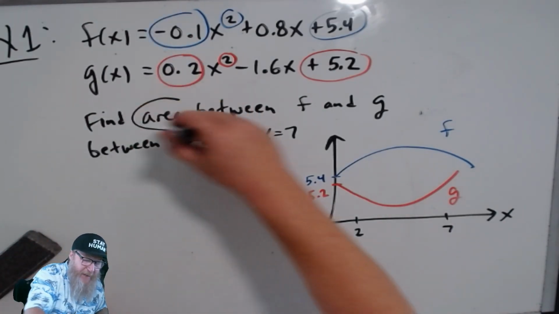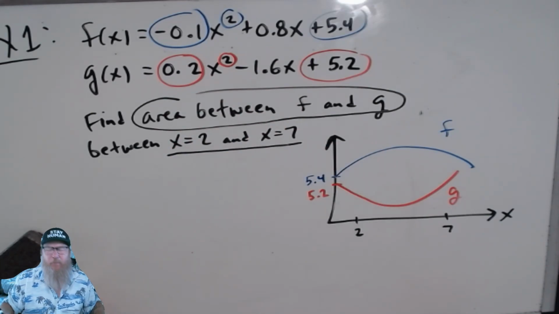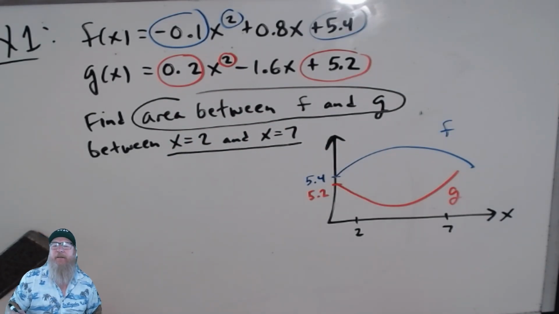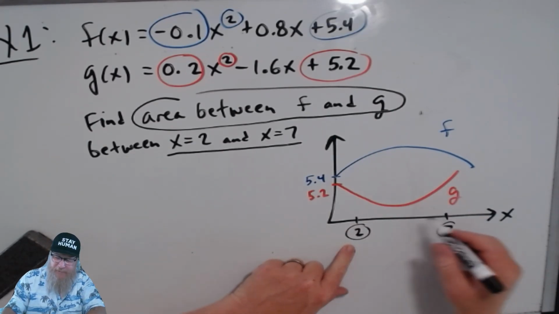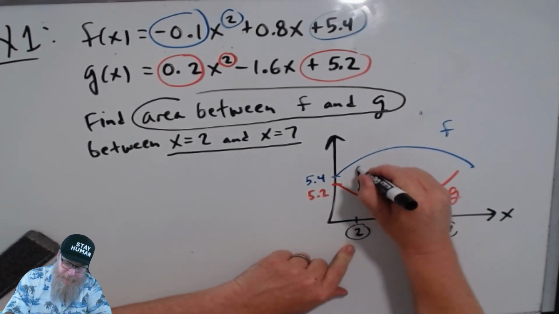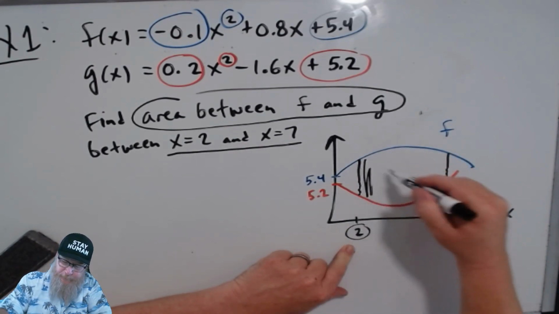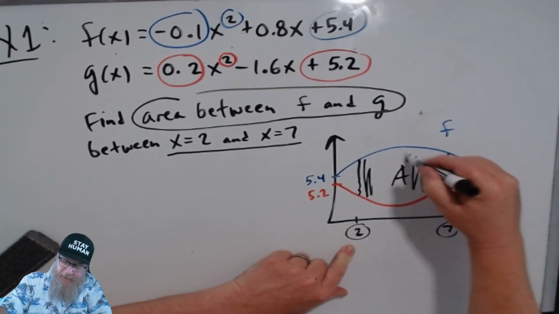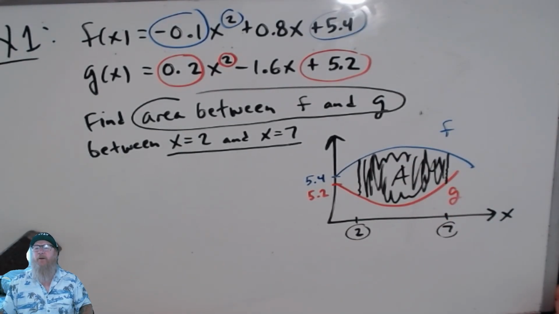So we want to find the area between f and g between x equals 2 and 7. Right, so that's the interval 2 and 7. So this is what we're finding here. That's our question.